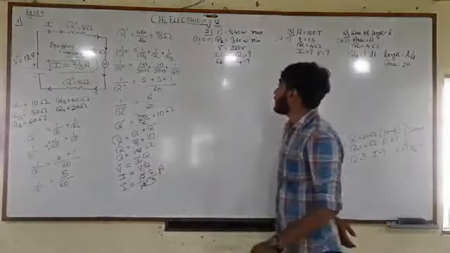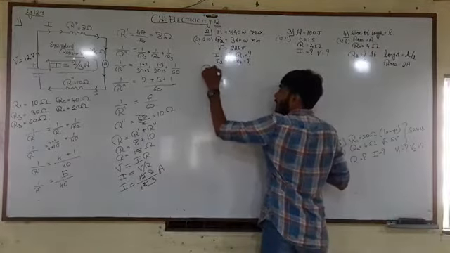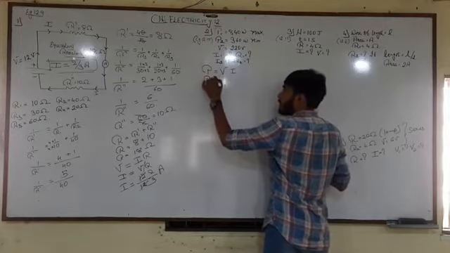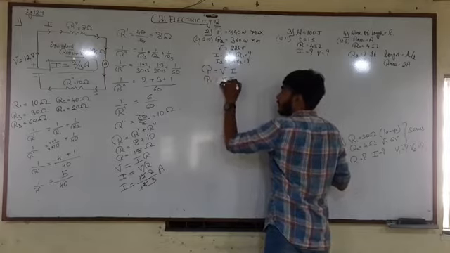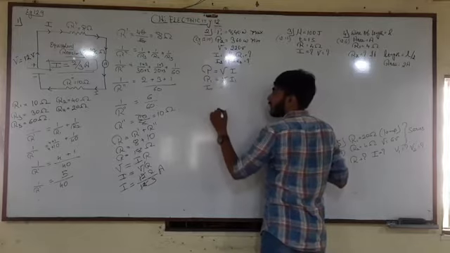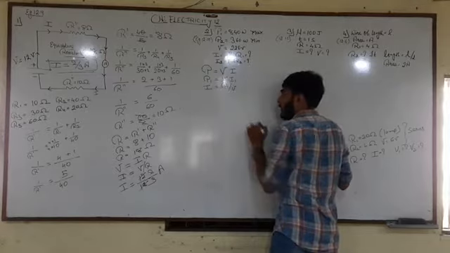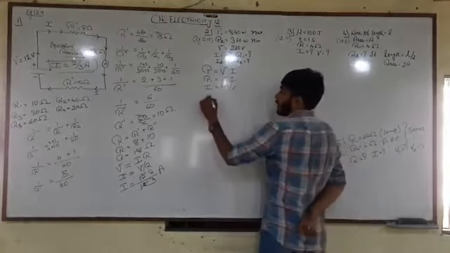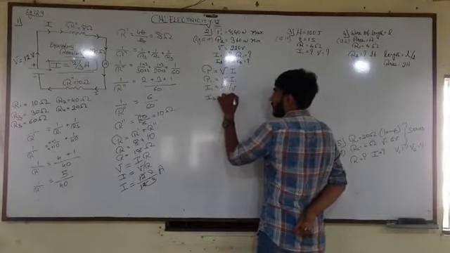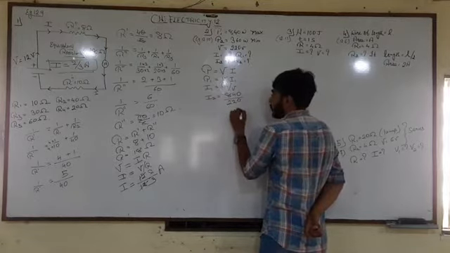Okay, so let us start. You know the general formula of power: P is equal to VI. Name this P1 is equal to VI1. What we need to find is I1, so write I1 is equal to P1 upon V. P1 is 840 divided by the potential difference, 220.